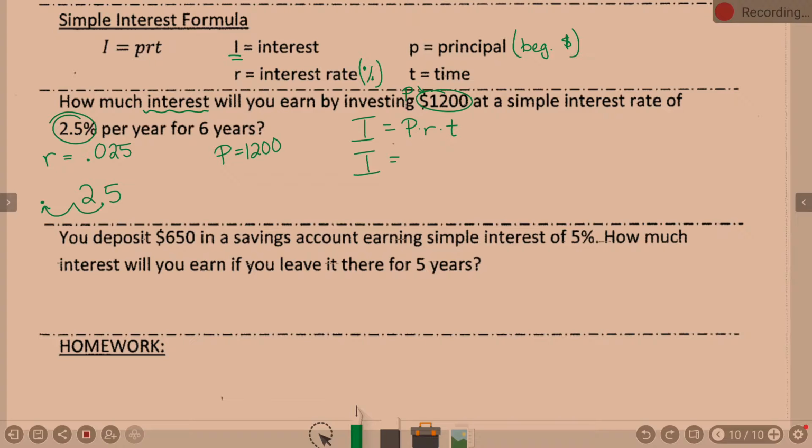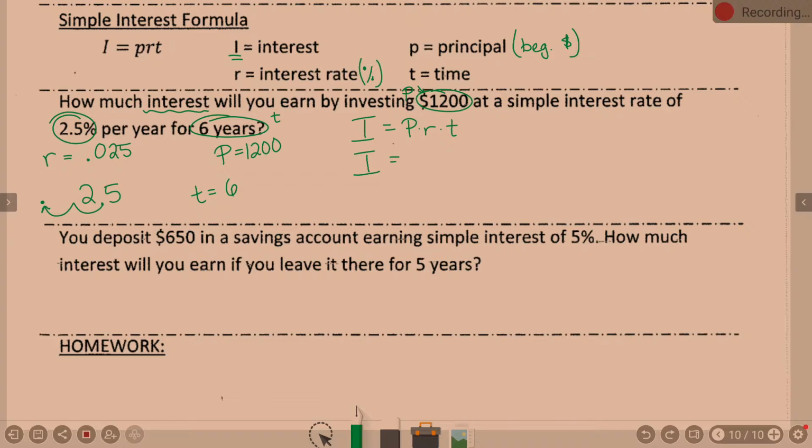Okay. And then it says for 6 years. What is 6 years? That is our time. We're going to have 6 as our time. Okay, guys. Easy part now. Fill in your formula. I equals PRT.